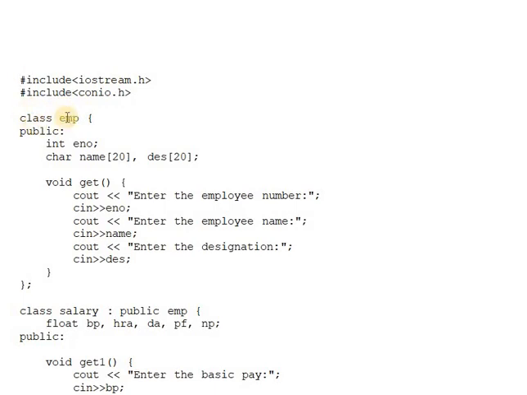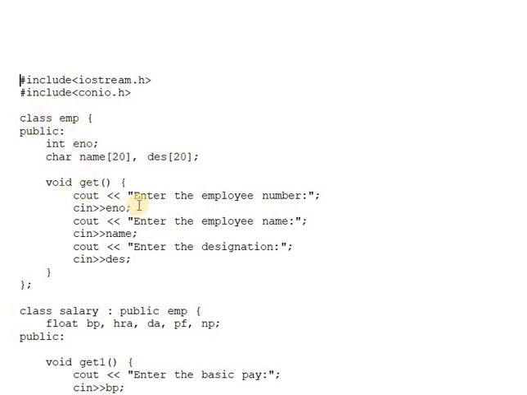After that, class employee has public data members, that is an integer employee number, and character arrays for name and designation of the employee. In this public section we have also declared a void get function. It is a public member function of the class employee.